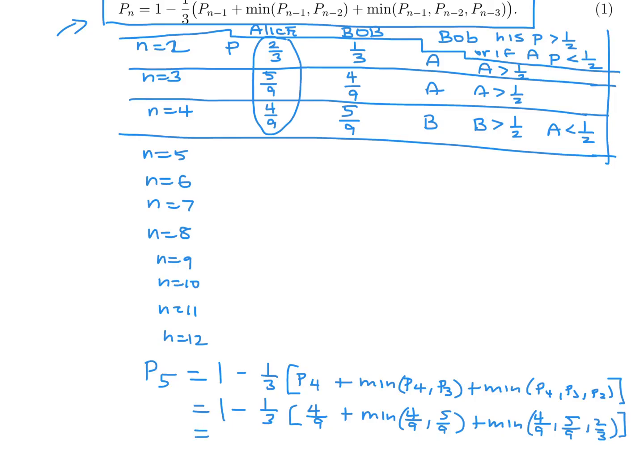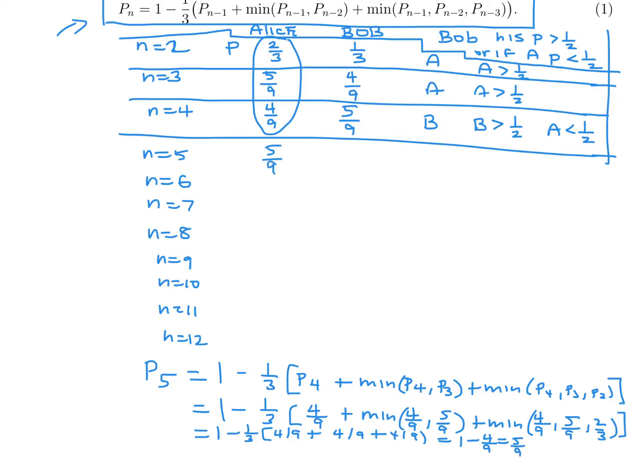The min of those three numbers is 4 over 9 again. So that looks to me like 4 over 9 plus 4 over 9 plus 4 over 9 times 1/3, which would just be 4 over 9. So it would be 1 minus 4 over 9, and that's 5 over 9. Okay, so that means P5 is 5 over 9.